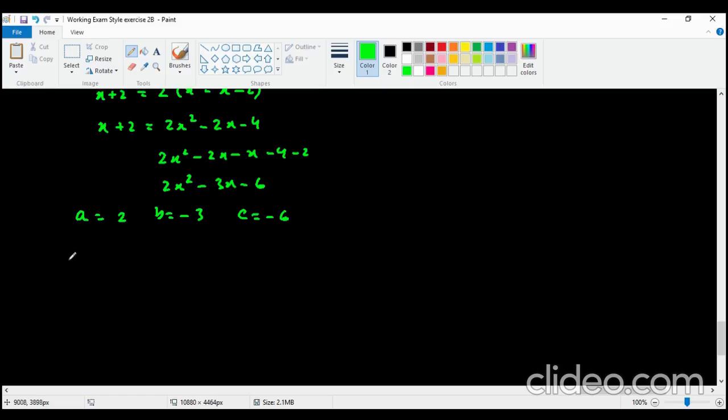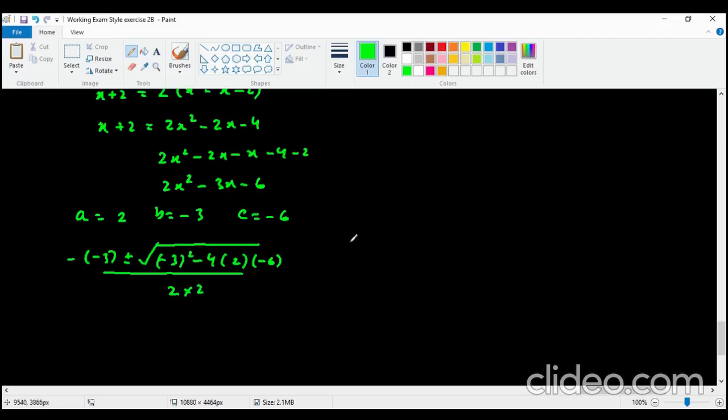I will write minus B plus minus under root B square, which is minus 3 square, minus 4, A is 2, C is negative 6, over 2A, which is 2. So multiply by 2.